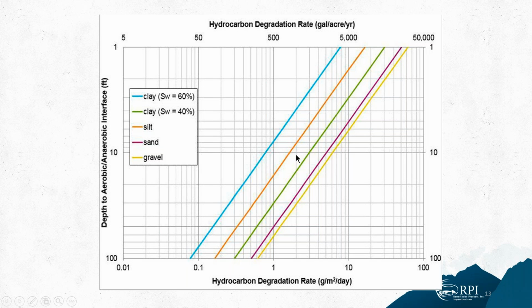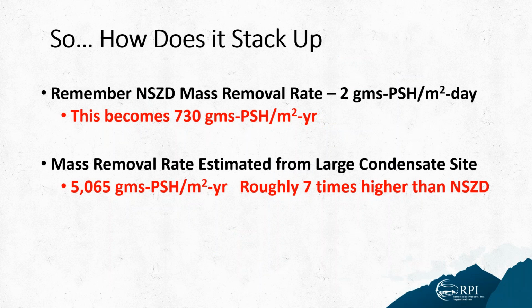So using that number, which would be predicted for the natural source zone depletion, and then looking at what happened on the site, how does it stack up? Remember the natural source zone depletion mass removal rate, the 2 grams of free phase per meter squared day.